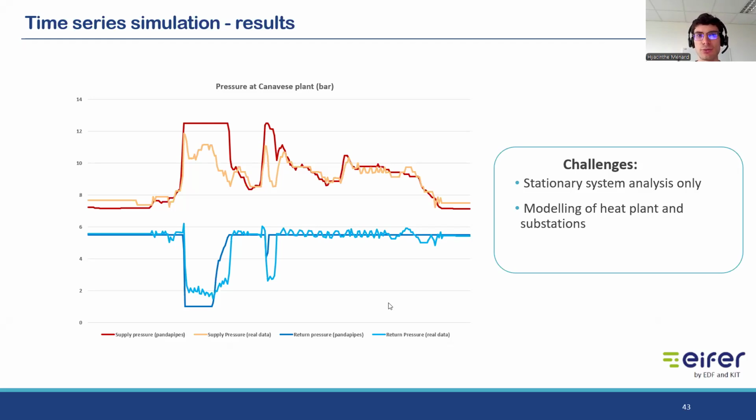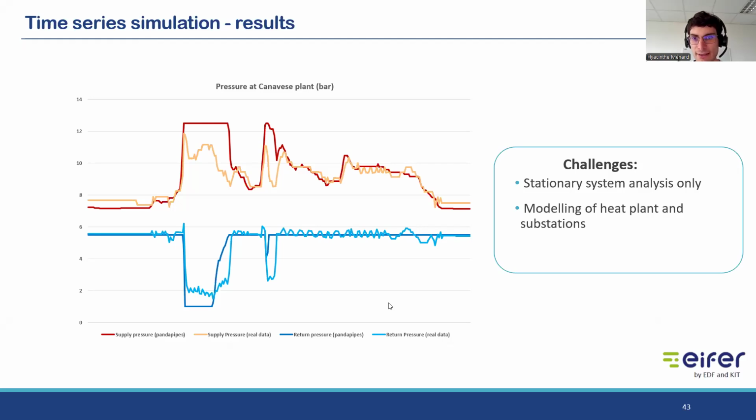I think it is a work in progress for pandapipes to be able to manage transient calculation. But for now, for a pretty large network like this one, calculating only stationary systems will result in some differences, especially when you have a large variation of the load during the time, depending on the time step of the calculation.